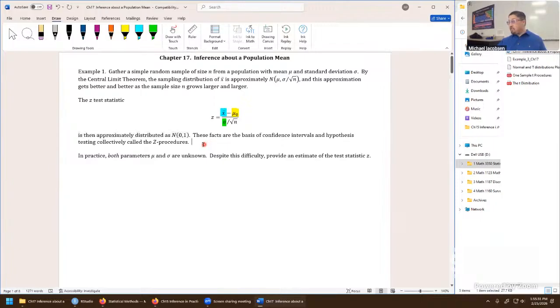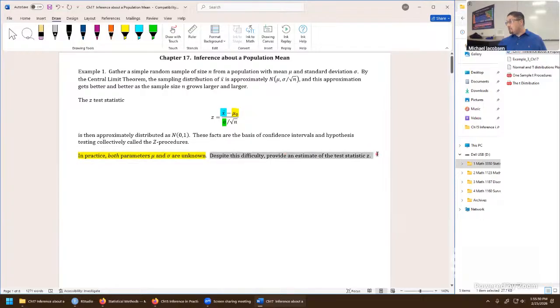We call these all z procedures, but here is the reality of just about any real-world set of data. Both parameters are actually unknown. You may still have a null hypothesis, so you'll assume the null is true and know mu naught, but you won't know sigma. That's a total unknown.